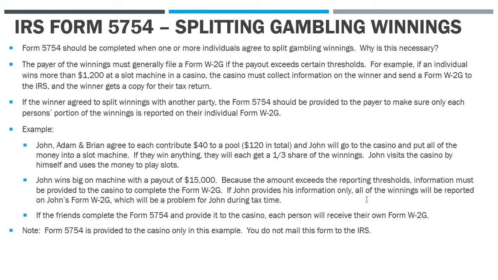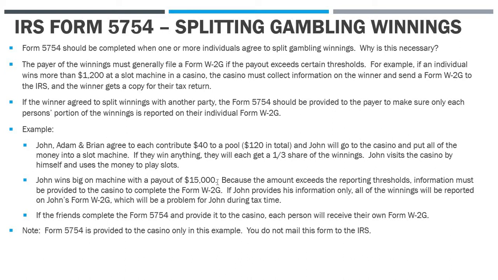Now, because John's the only person there and he's the one that won the money, the casino by default would just issue everything to John. So they would issue a W-2G for 15 grand to John. And then that would be reported to the IRS in that total under John's name and John's social security number. Now, this is obviously a problem for John because he doesn't want the IRS to see that he received $15,000.